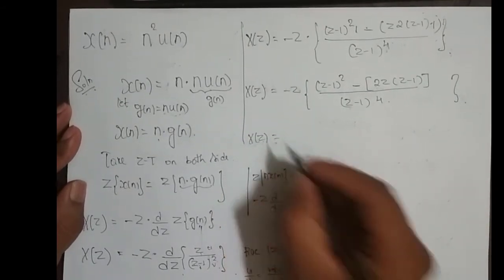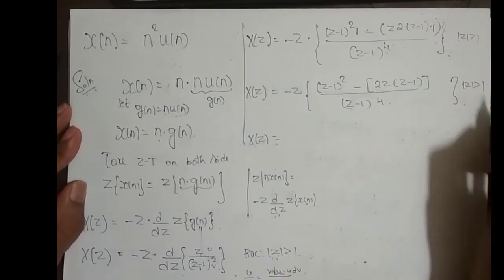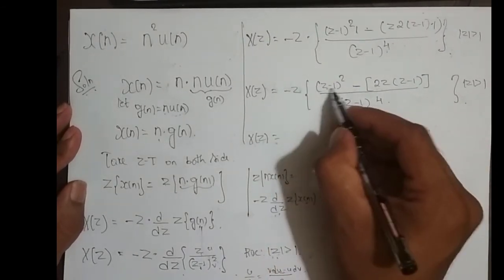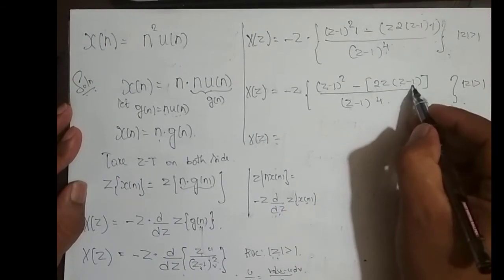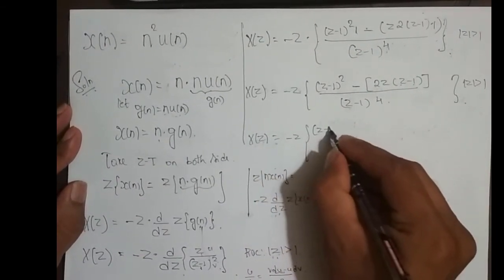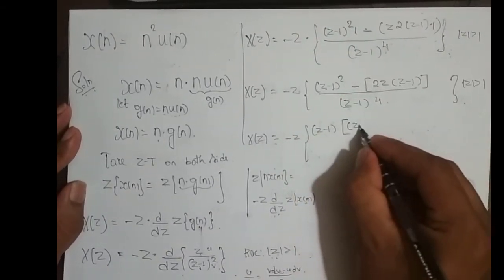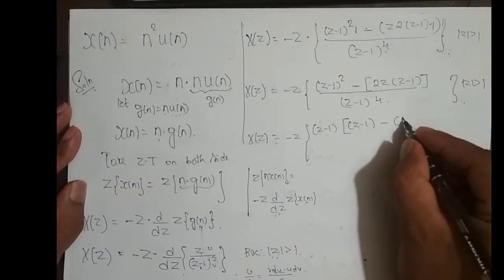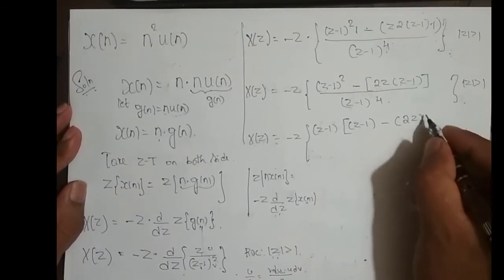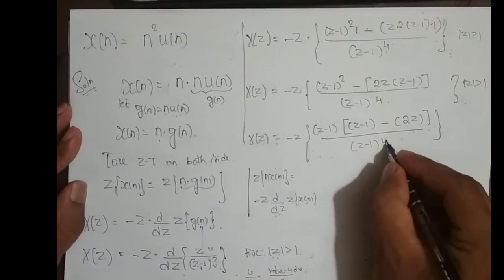So X(z) is equal to, you have to carry this ROC, magnitude of z greater than 1. I have a z minus 1 term here, and a z minus 1 term here also, so I will take z minus 1 common. So this becomes (z minus 1 minus 2z) whole divided by (z minus 1) whole power 4.